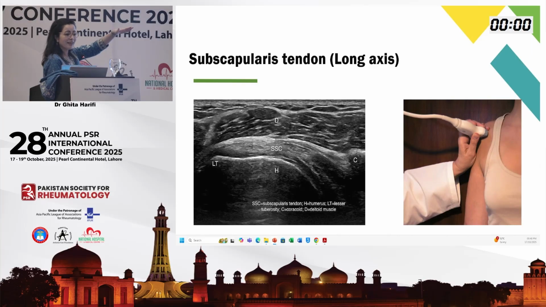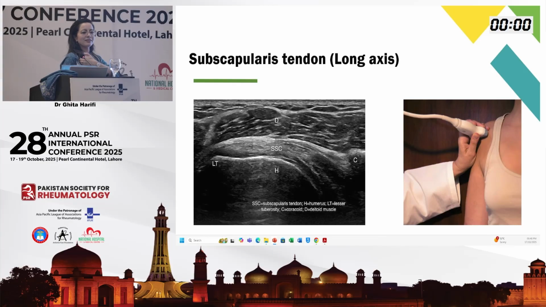It's because of the position and the orientation of the tendon. So it's a tendon that comes all the way from the medial part to the lateral part, and so to go longitudinally, you have to follow the fibers. So for the subscapularis, you will have to do a rotation.